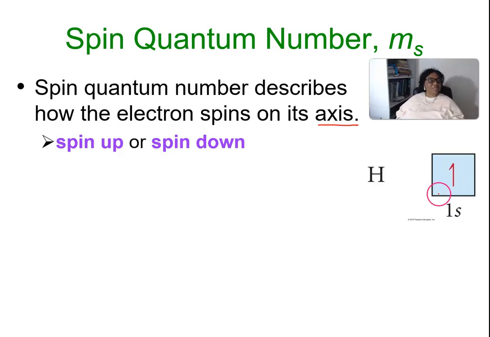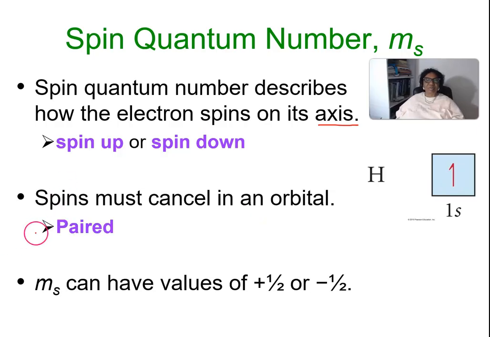This is how we represent it in a box. That's one electron where the spin is up. Spin must cancel in an orbital. So ms can have values of plus half or minus half.